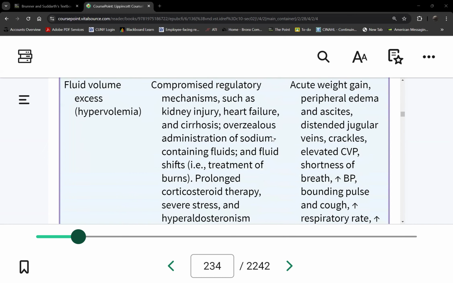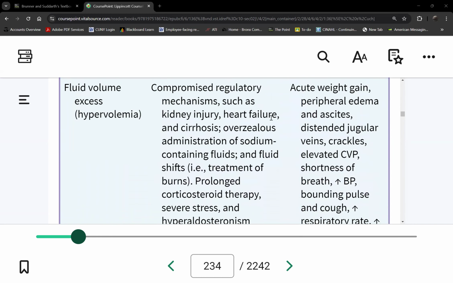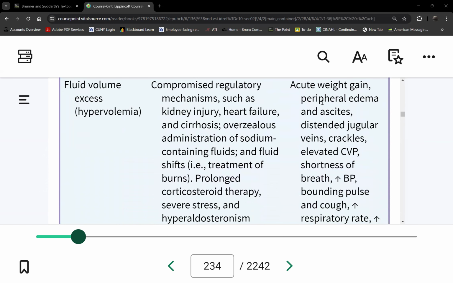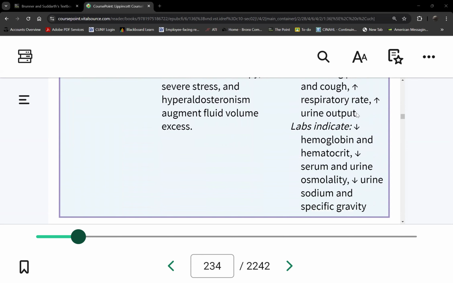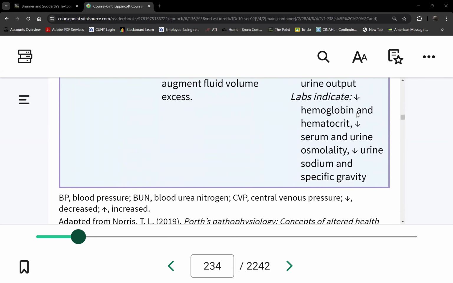Okay, for fluid overload, these are your causes, and pretty much the opposite of what you saw in dehydration. So I won't read it for you. It's all laid out here. But please be mindful that on the exam, it may not be exactly like this. Instead of just low or high, I'll give you numbers.